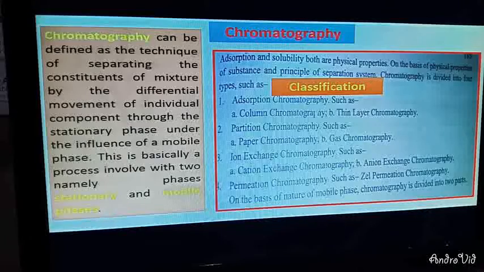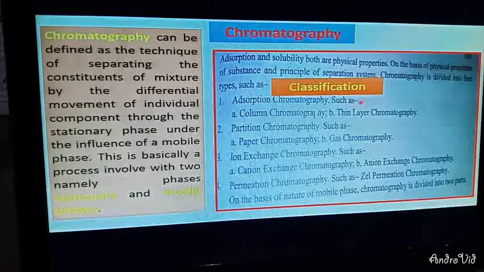We have already understood the definition of chromatography. Now I would like to say something about the classification of chromatography. Adsorption and solubility are both physical properties. On the basis of physical properties of substances and principle of separation, chromatography is divided into four types: adsorption chromatography, partition chromatography, ion exchange chromatography, and permeation chromatography.